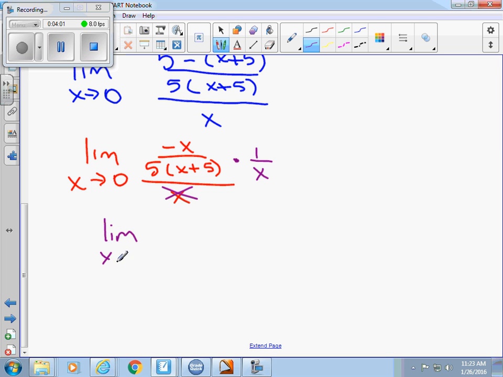That's going to be those x's. This x with that x? Those cancel to give me 1. It is negative 1, do we agree? Because that was a negative x divided by a positive x. Plug in 0.